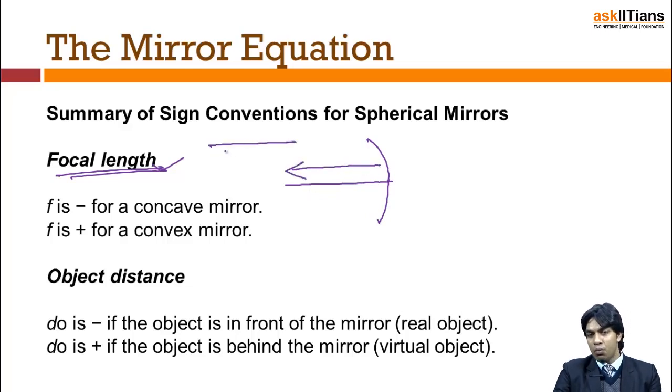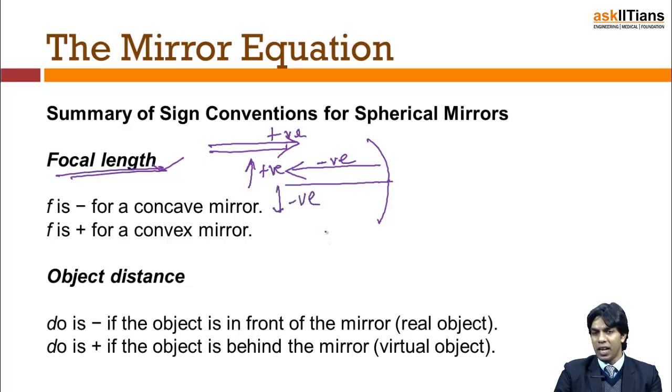The light is moving in this direction. Any distance measured in this direction is positive. Any distance measured in the opposite direction, that is the direction opposite to the propagation of light, is negative. So this one is negative, this one is positive. This one is positive, this one is negative.